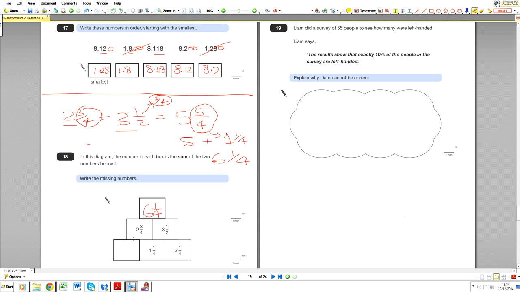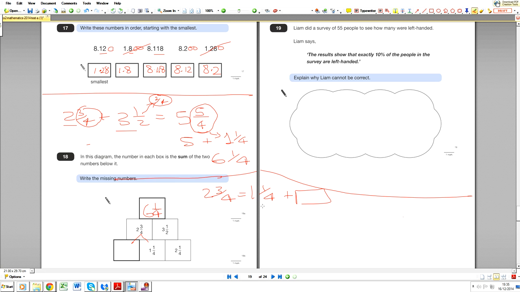Now, we need to make 2 3/4 here by adding these 2 numbers. So again, I'm going to use more space because I need space. Next page. Okay. So 2 3/4, which gives us the answer, is equal to 1 and 1/4, add the missing box.